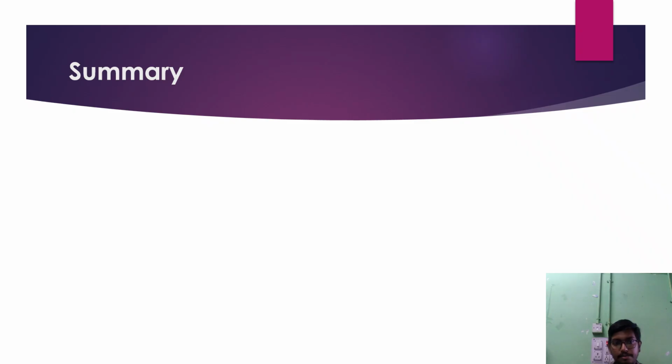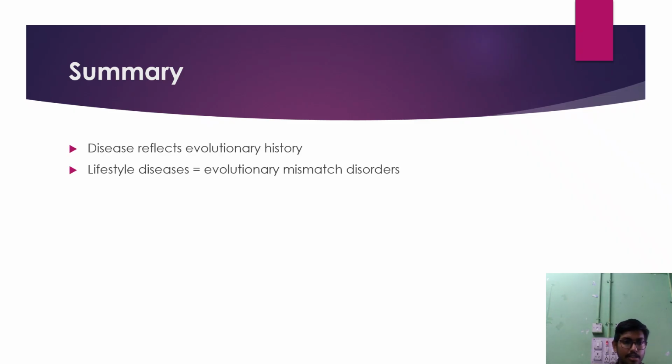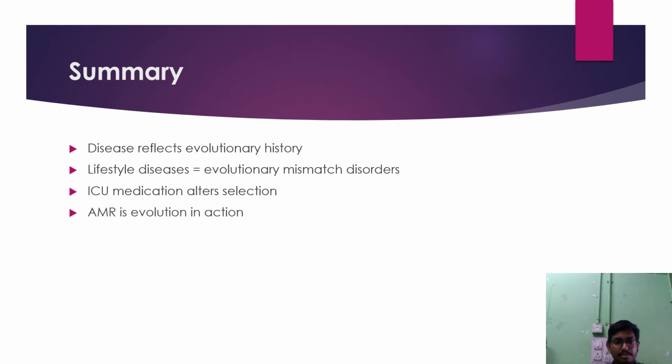So, the summary: disease reflects evolutionary history, lifestyle diseases are a product of evolutionary mismatch disorders, ICU medication alters selection, and antimicrobial resistance is evolution in action. The microbiome is a co-evolved organ.